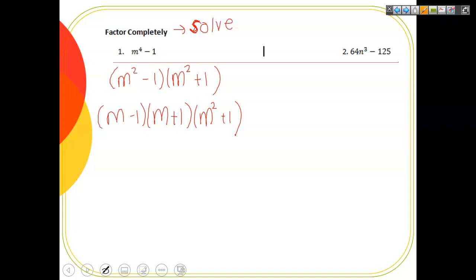The reason I said let's solve that is so that you could see here, again, we had one sign change. So that one sign change meant one positive possible root. When you solve this, your positive root is 1.